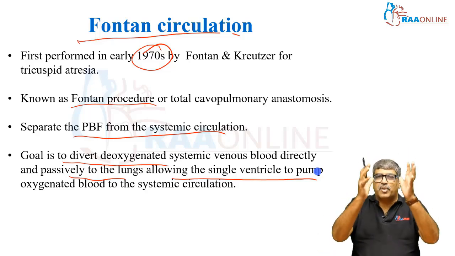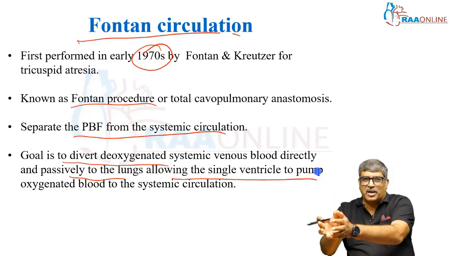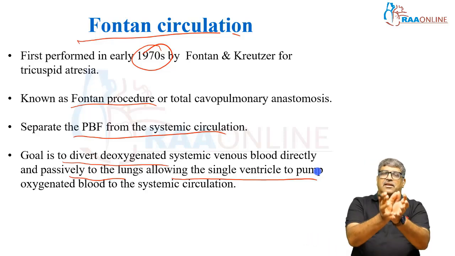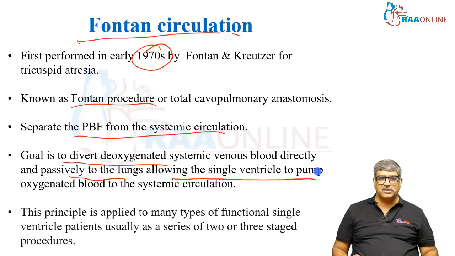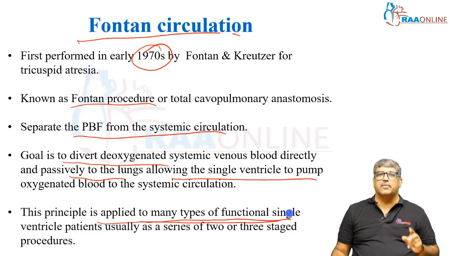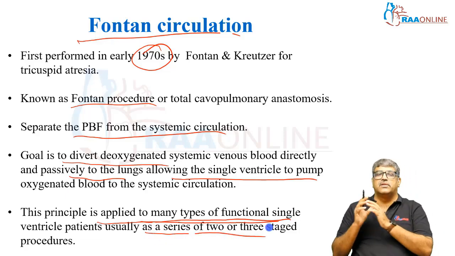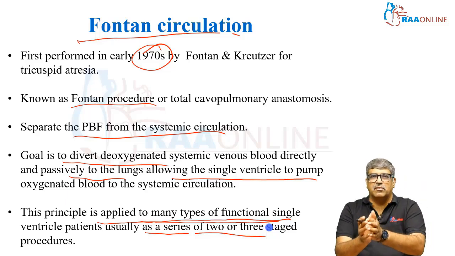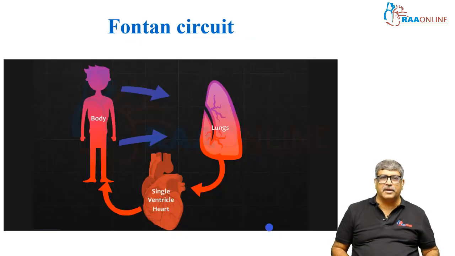Here you bypass one ventricle and put the systemic venous blood into the pulmonary circulation, thereby it goes to the lung for oxygenation and then returns to the single ventricle and is pumped into the systemic circulation. The principle is applied to many types of single ventricle patients, usually as a series of 2 or 3 stage procedures. In the first stage you do Norwood, in the second stage you do Glenn, and then the third stage is the completion Fontan.